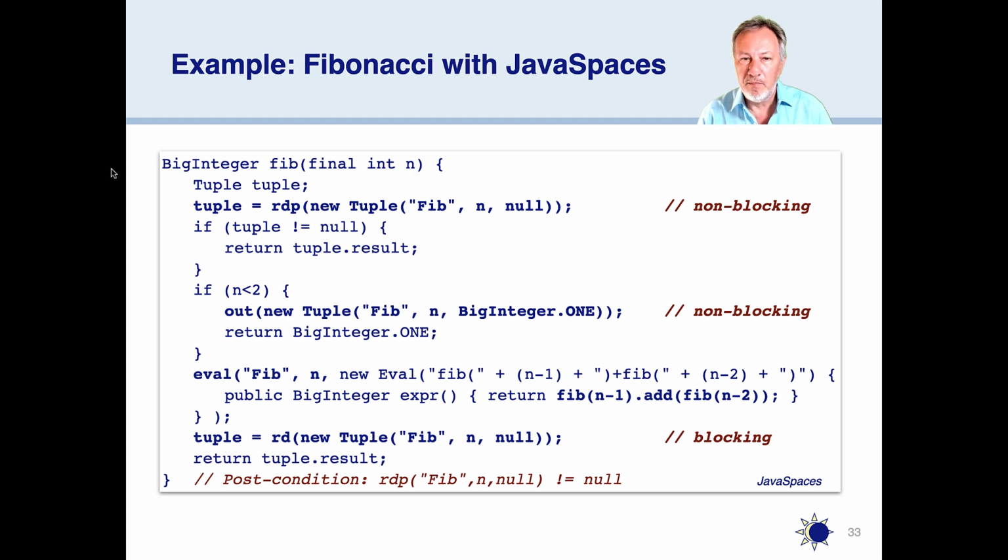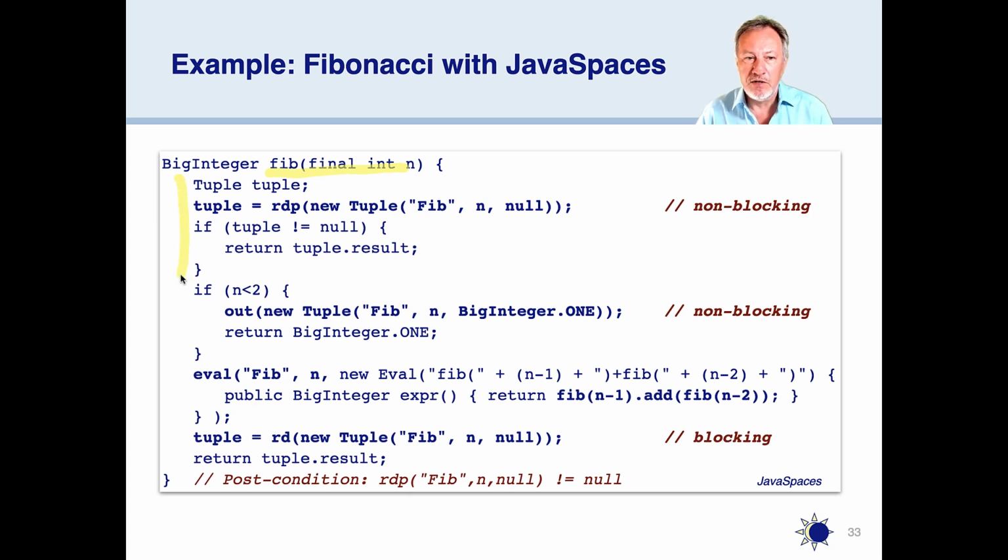So here's our implementation of Fibonacci using JavaSpaces with a little bit of a Linda-like layer in front of it. The idea is that fib will compute the nth Fibonacci value and also leave in the tuple space a representation of that value, which is going to be available as a cache for further attempts to compute Fibonacci numbers.